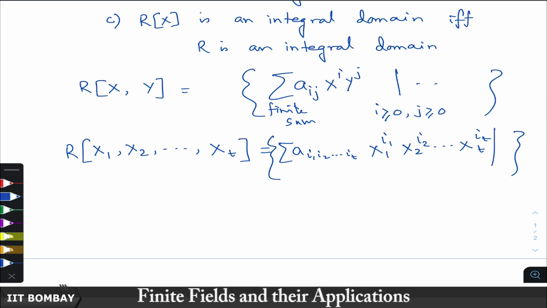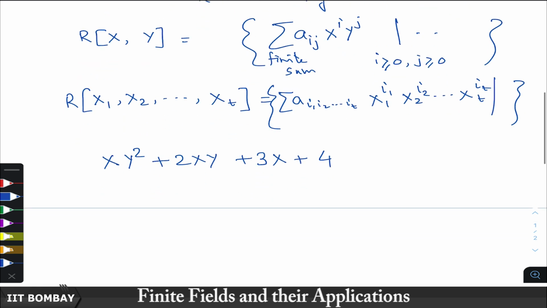For example, a polynomial x y^2 plus 2 x y plus 3 x plus 4 can be written as a polynomial over the ring R' equal to R[x].